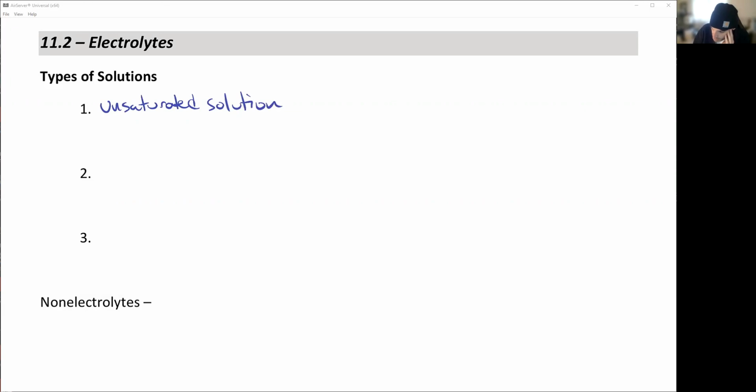So an unsaturated solution is one in which more solute can be dissolved. So it hasn't reached a maximum yet.